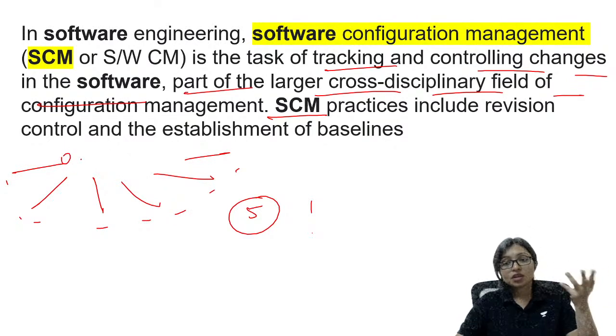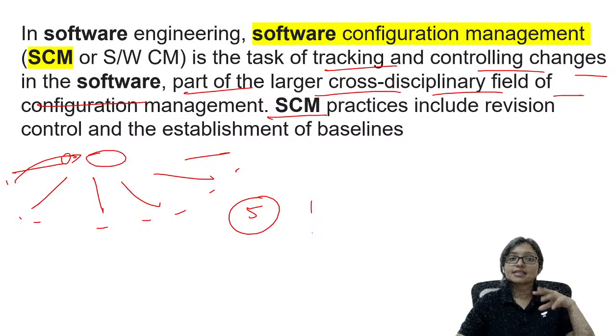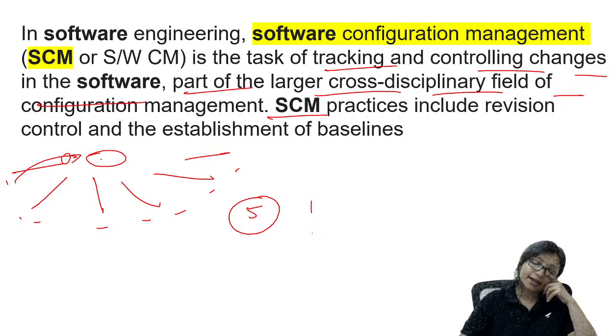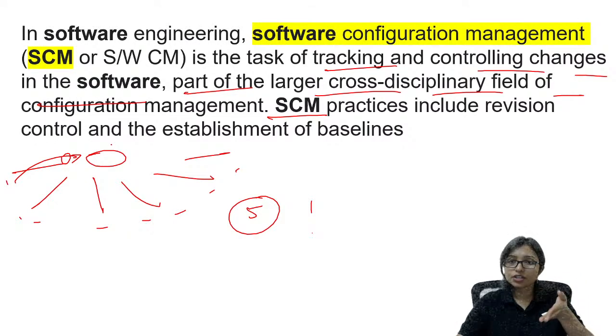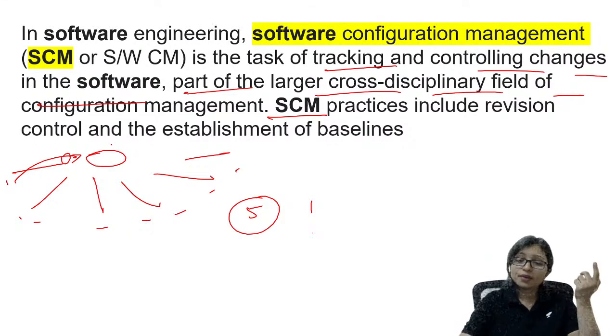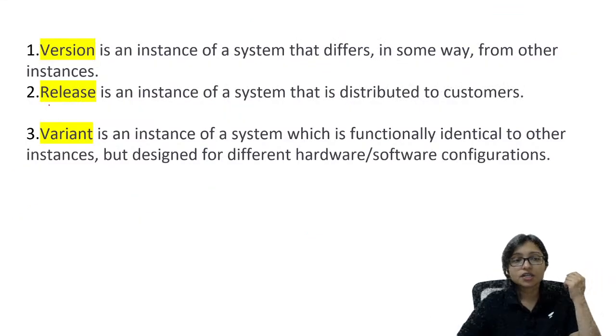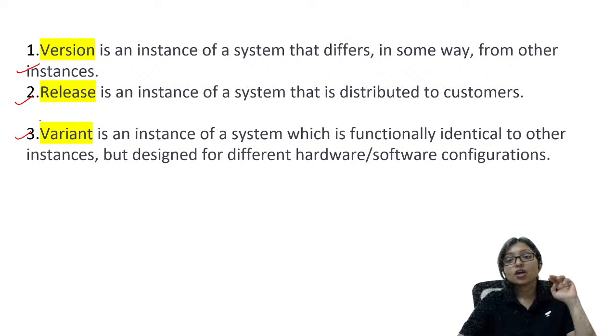Before it is uploaded to the server, the SCM checks whether there is any conflict, what the previous version was, what the current version is, and the difference between the versions. It maintains version, release, variant, everything. Every team member can work parallelly. That is the main task of the SCM.